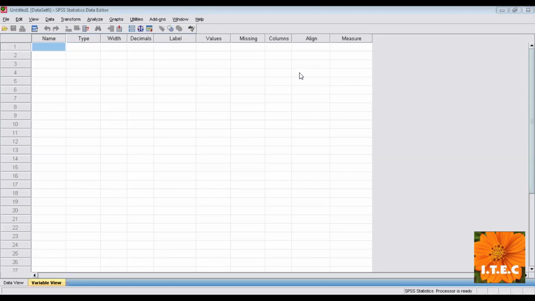Now, Divya, when you say medical waste management, you may have different ways of managing the medical waste. So it can be medical waste management strategy. That will be the variable. Or you can say medical waste management ways, strategies.